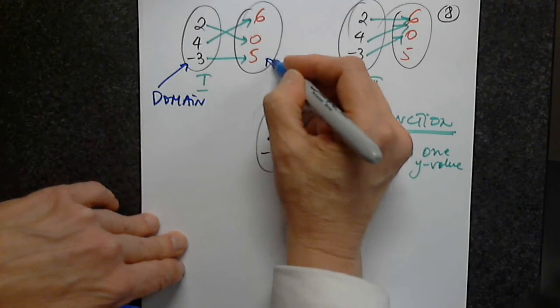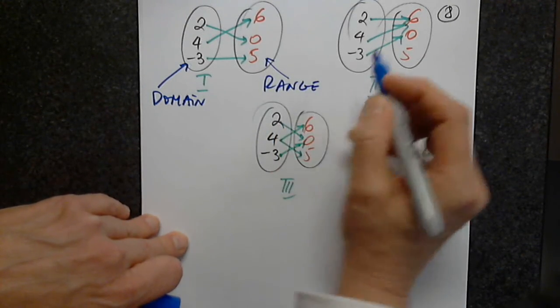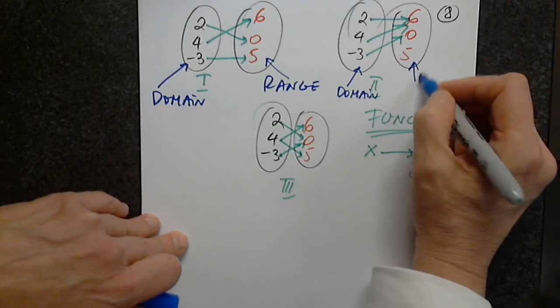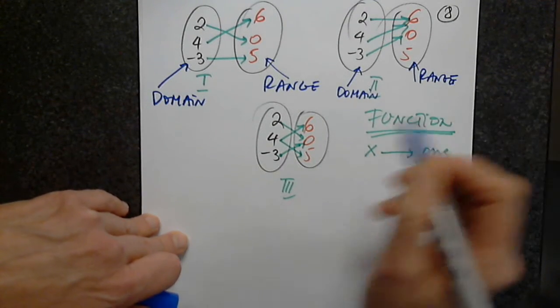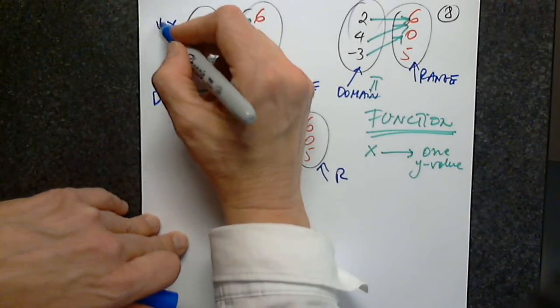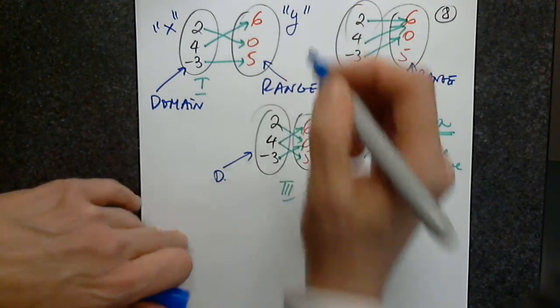And how do we call the second set always? Very good. The first set is always the domain, and the second one is the range. Domain and range. Of course, the domain corresponds to values of x, and the range corresponds to values of y for all of them.